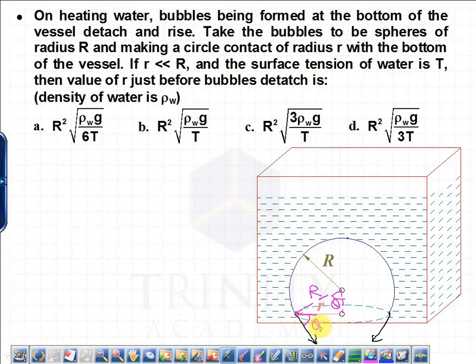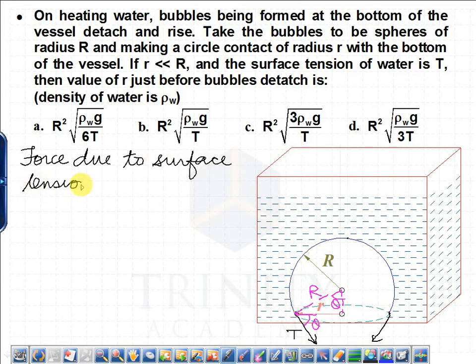Now we can write that the bubble will rise once the force of surface tension is balanced by the upthrust. So the force due to surface tension in the downward direction can be obtained from its component.